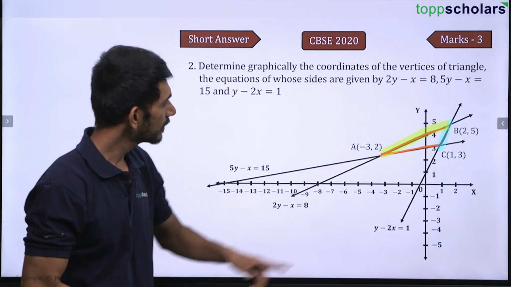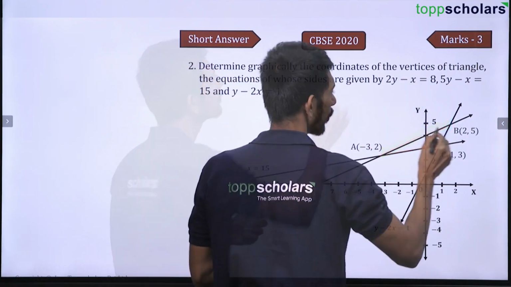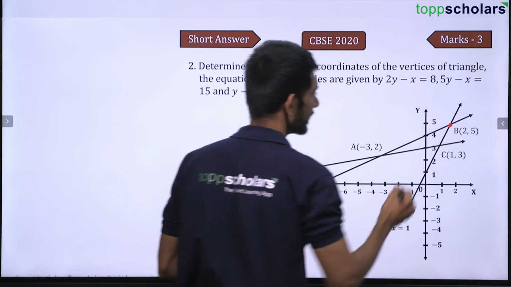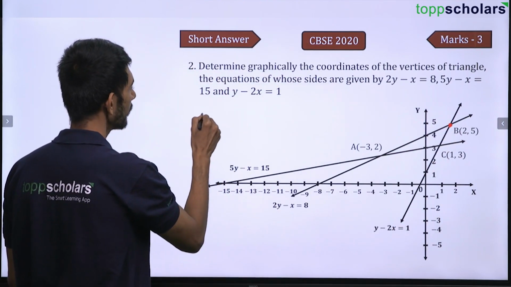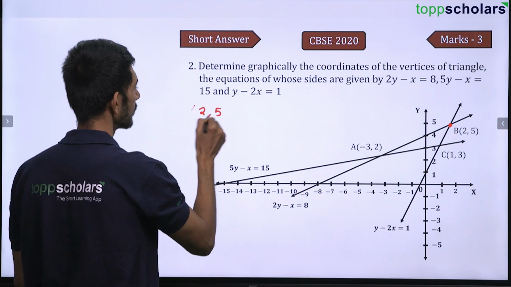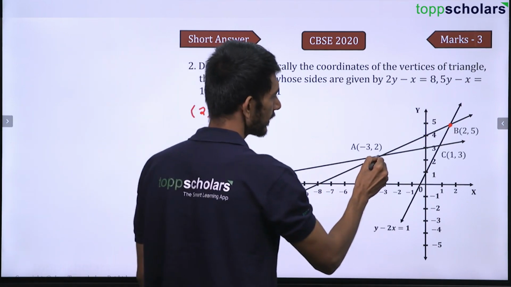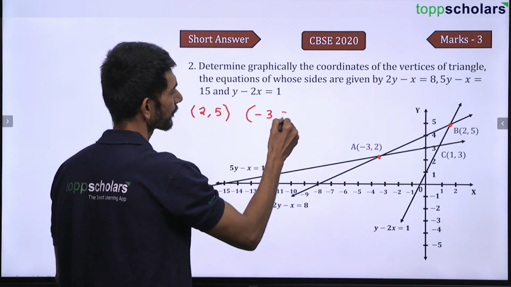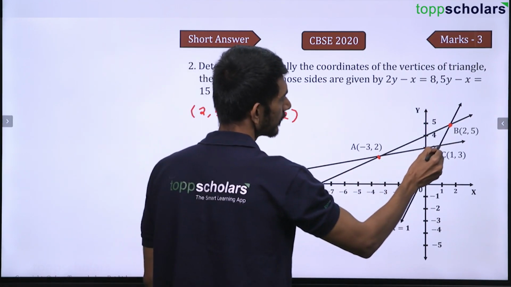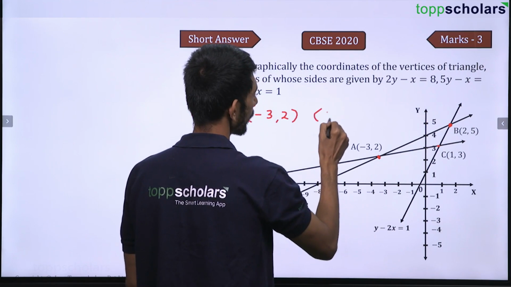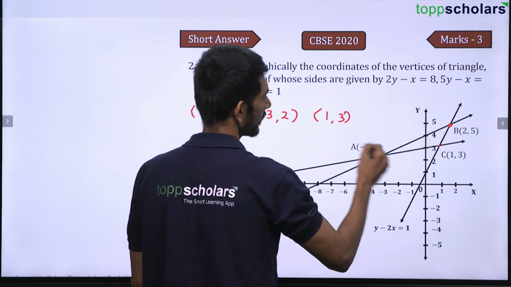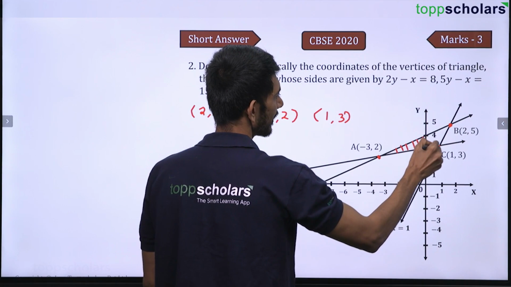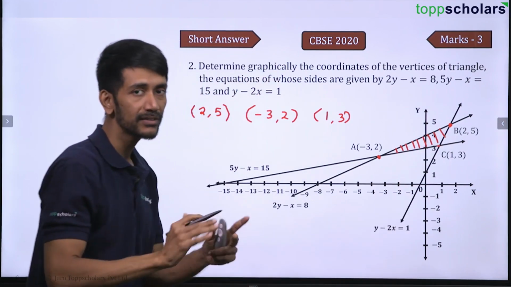I hope this is clear. All the 3 lines. So what are the coordinates? The coordinates are 2, 5. The coordinates are minus 3, 2. And the third one is 1, 3. So this is the triangle that is formed with the help of the 3 sides.